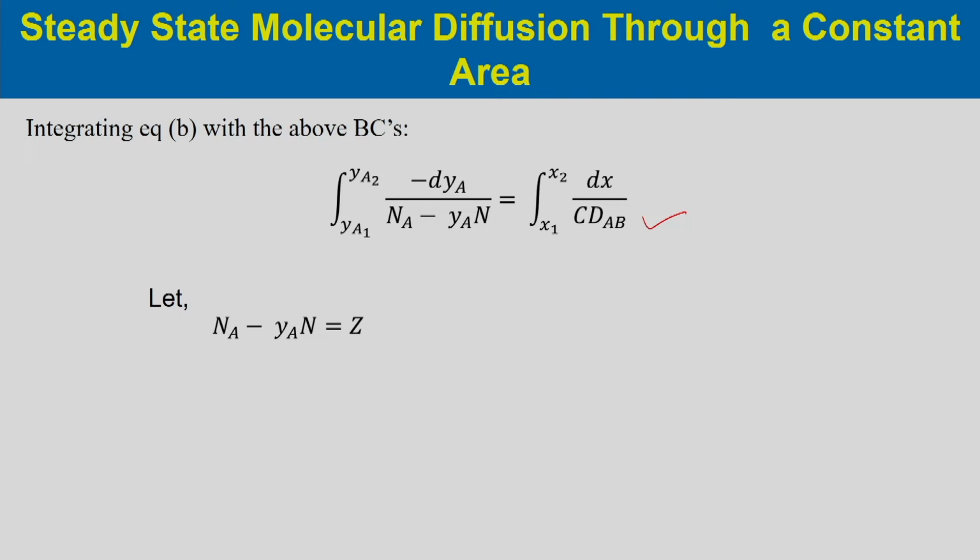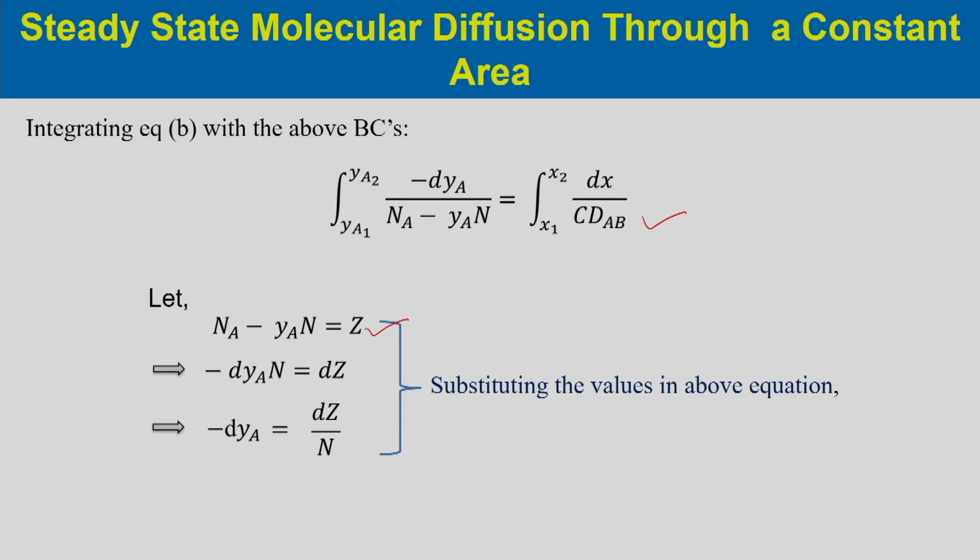Let NA minus YA N be equal to Z. So, from here we can write minus dYA N would be equal to dZ, and minus dYA would be equal to dZ by N.